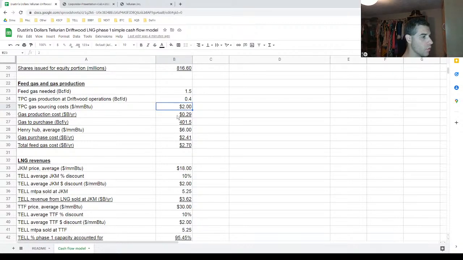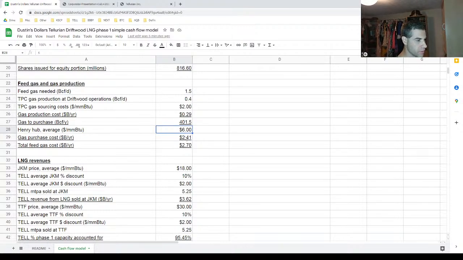Anyways, if we carry that forward, we do some calculations on that, right? Then we can say how much they are actually spending each year to produce the gas and how much gas they have remaining that they're going to have to purchase on the open market at Henry Hub prices presumably. I put a parameter here for how much you think the average Henry Hub price is going to be in dollars per MMBTU.